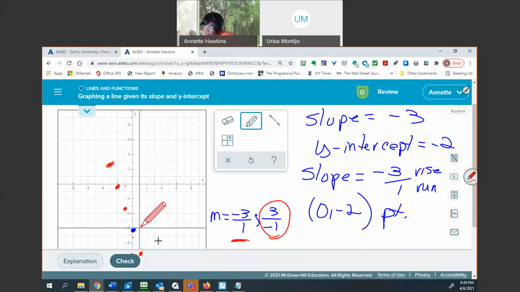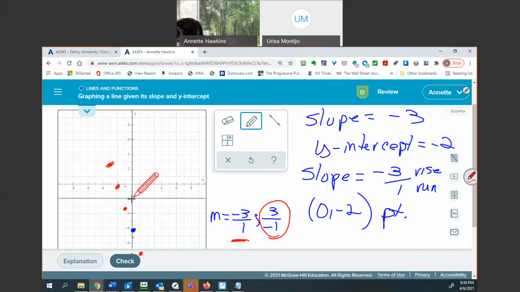I'm going to move this up, and okay. All right, so I'm moving this up so that I can graph this. I think my point was (0, -2). And I think that's what it wants me to do.